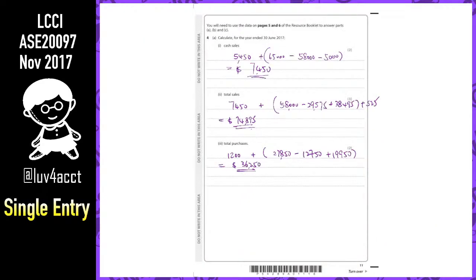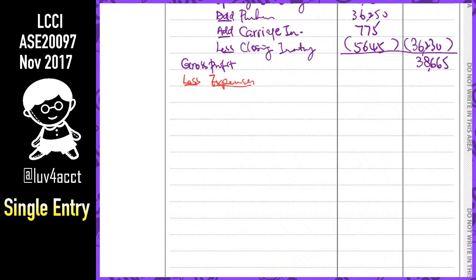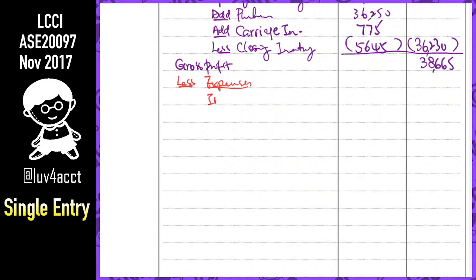So let us write the names first: irrecoverable debts, depreciation, interest, the cleaners' wages.